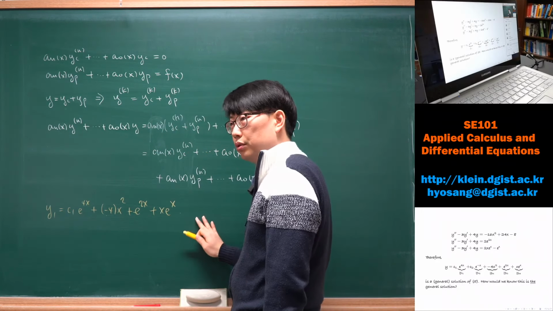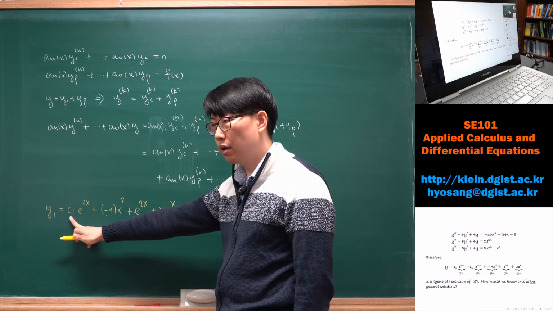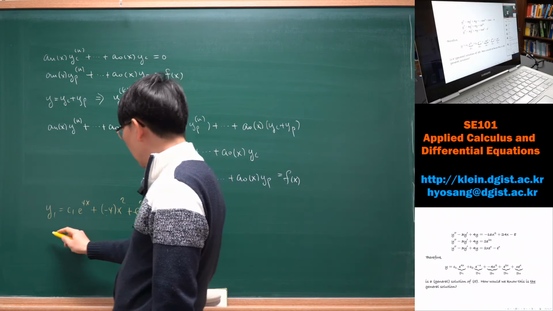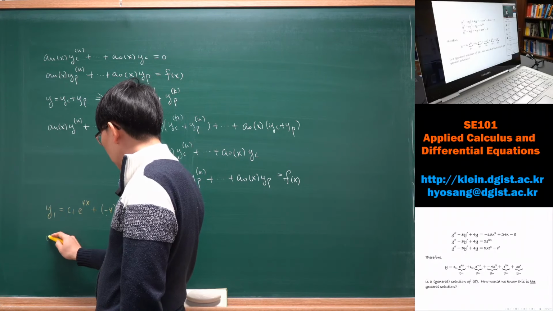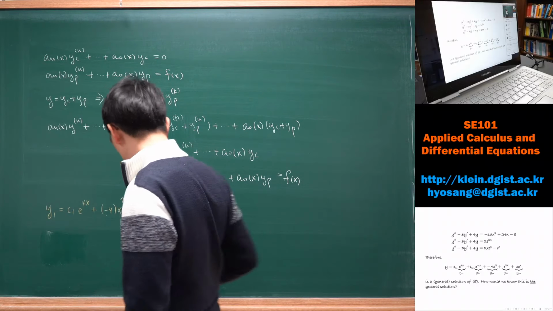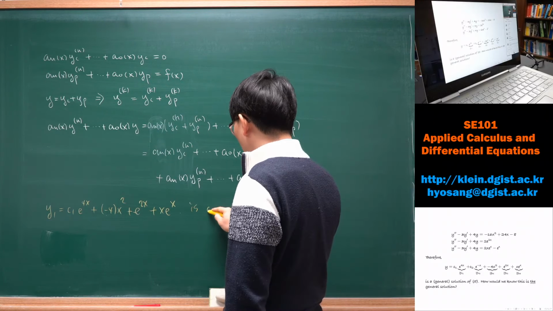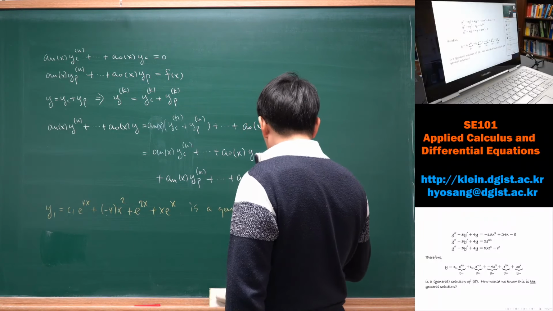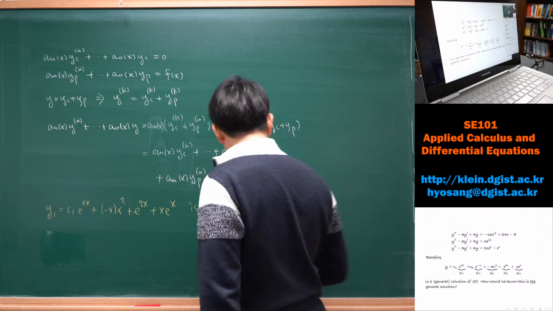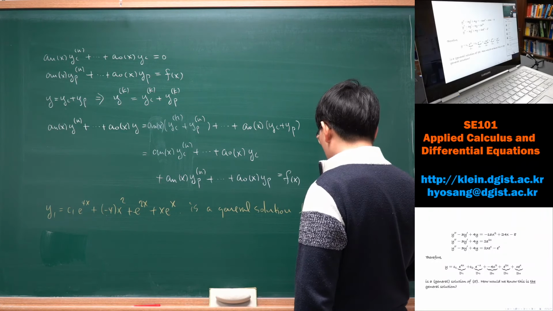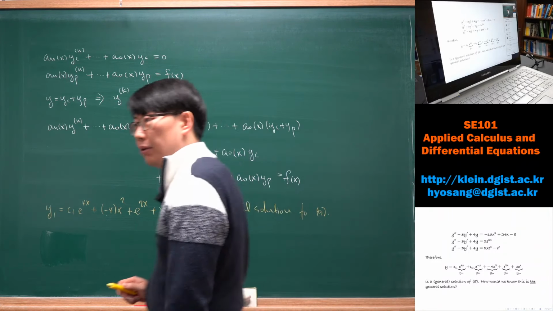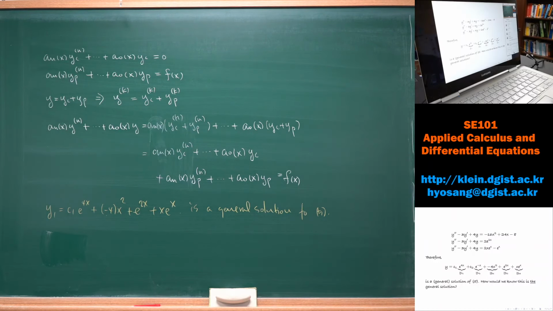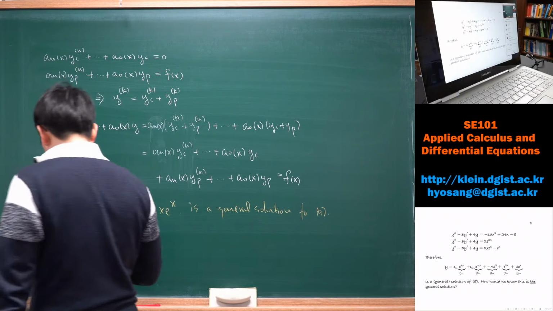This is a general solution because we have an arbitrary constant. So this is a general solution to the differential equation 5. Is it right? Yes.